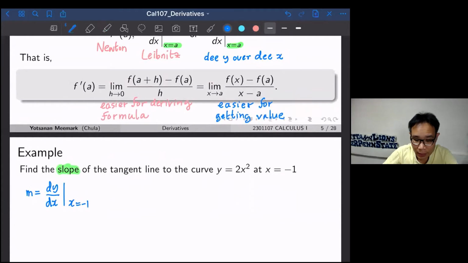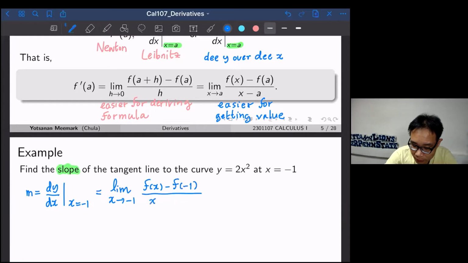And you're going to find the limit, x goes to -1 of f(x) minus f(-1) over x minus (-1).